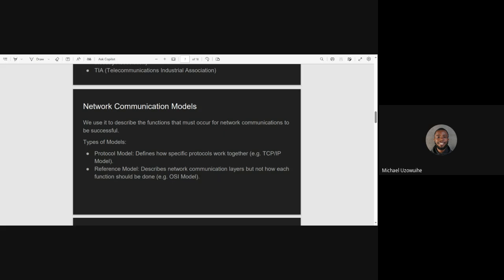But in the case of most organizations that are big, beyond the home and office connection, invariably there will be a leased line from the internet service provider. They will give you a leased line that runs from their headquarters to your office.